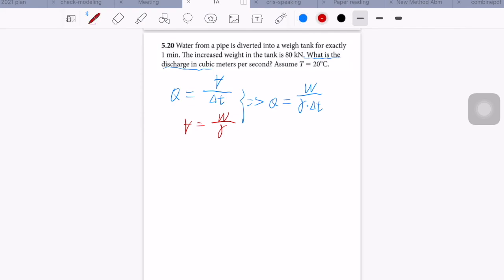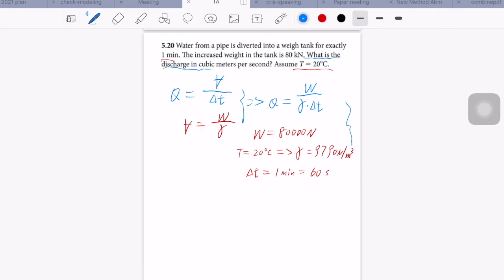And from the problem, weight W should be equal to 80,000 Newton. And we know the water temperature T is 20 degrees Celsius. So we can determine that gamma should be equal to 90 Newton per cubic meter. And we also know delta T is 1 minute equals 60 seconds.